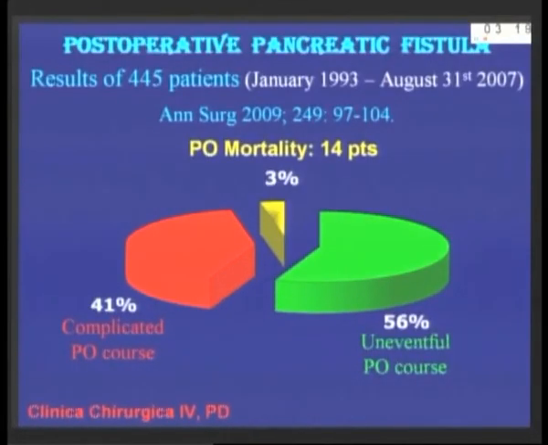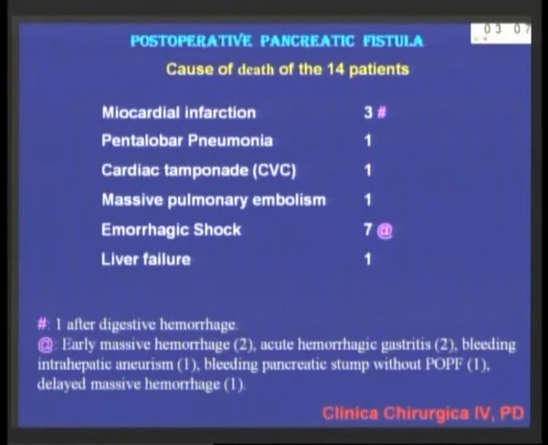Our postoperative mortality in these 445 patients was 3%, 14 patients died: 3 of myocardial infarction, 1 of bilateral pneumonia, 1 of cardiac tamponade in the intensive care unit, I don't understand why, 1 of massive embolism, 7 of hemorrhagic shock, none related to pancreatic fistula, and 1 of liver failure.